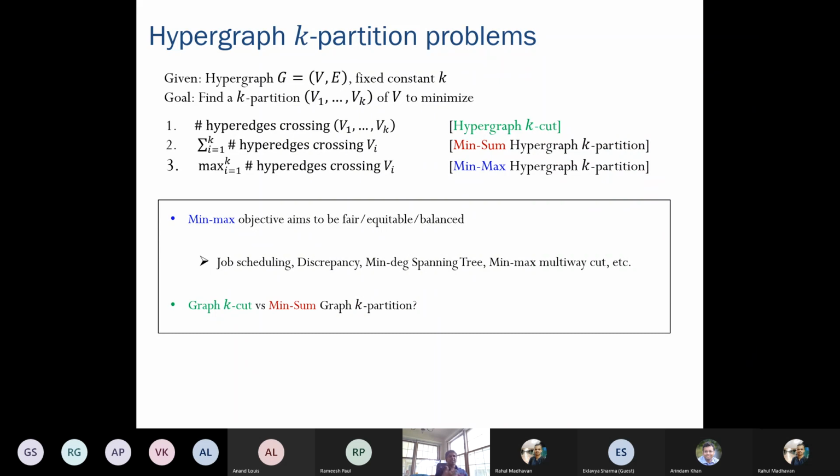So this is the connection to fairness, and because of this inherent connection to fairness, the min-max objective has been studied in numerous combinatorial optimization problems, including job scheduling, min-degree spanning tree, discrepancy, etc. And the message from all these problems is that the min-max objective is typically harder to solve or approximate than the min-sum objective. That's the situation for all those problems that I've listed there. But we will see a counterintuitive message for hypergraph K partition.